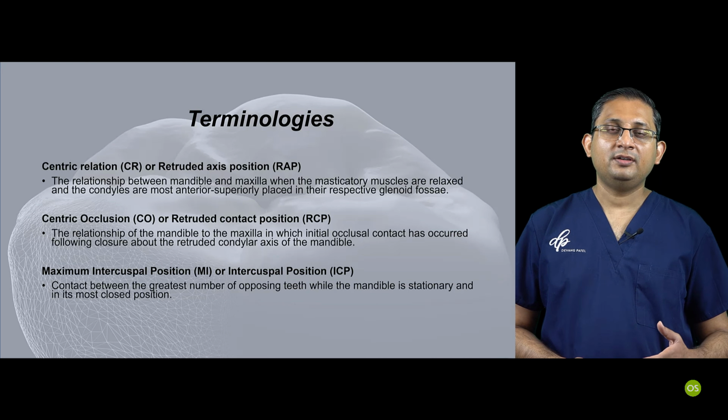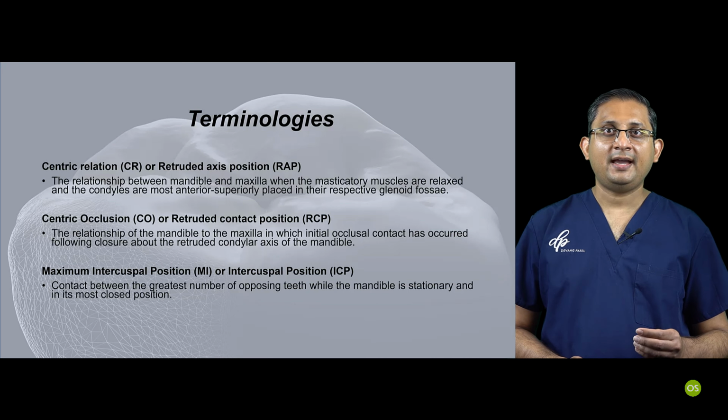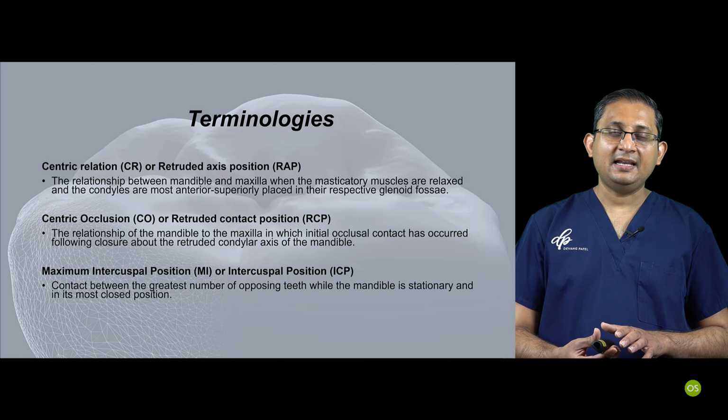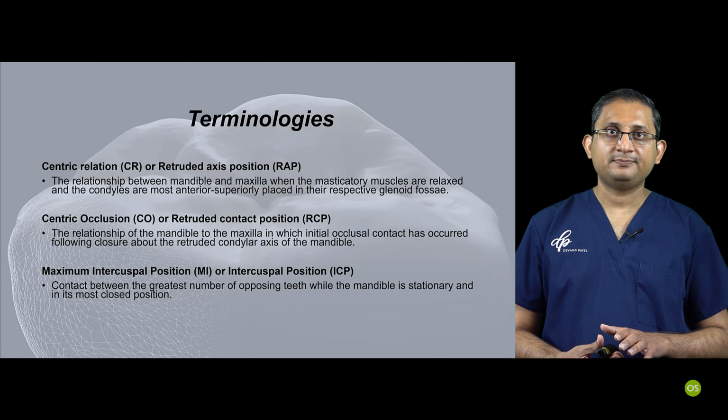However, if a tooth has the CO, which is the first point of contact, and you're treating that tooth, you need to be aware that it has the first point of contact, because if you eliminate that first point of contact, then the jaw slides, that slide can get affected and the condyle can seat more upwards.